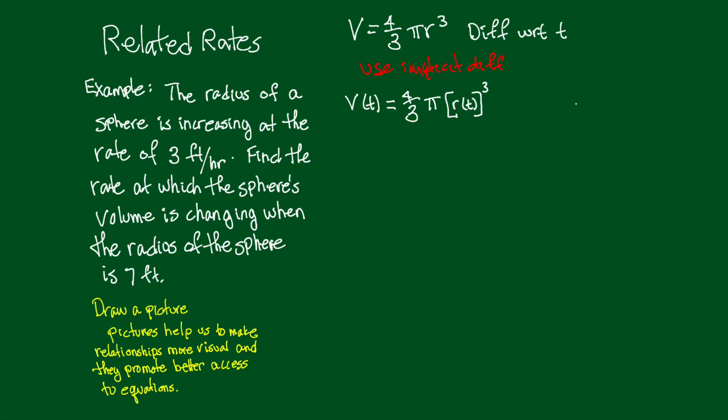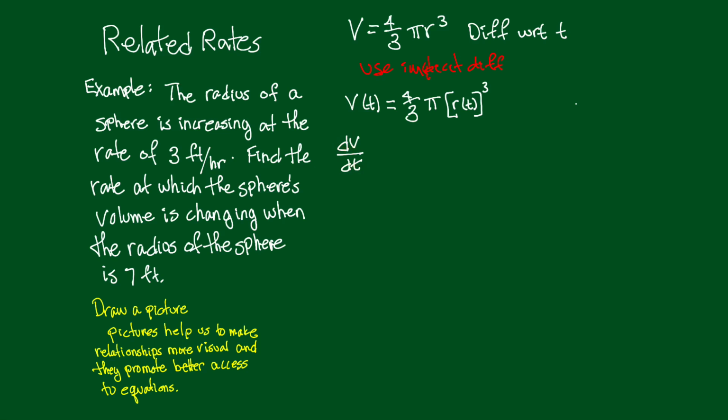Now let's differentiate. So instead of writing v prime, okay, I could write this, v prime, but then it's not clear if the prime means with respect to r or with respect to t. So I'm going to write dv dt, right? That is how the volume changes as time changes.